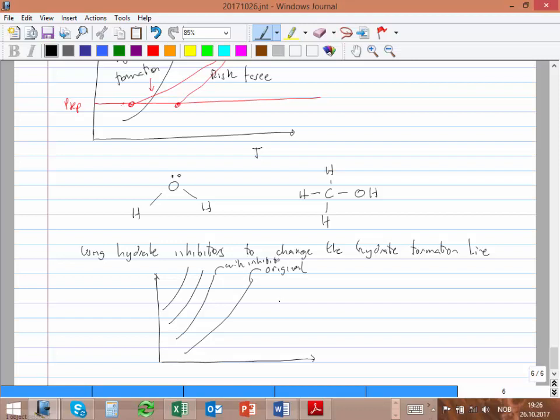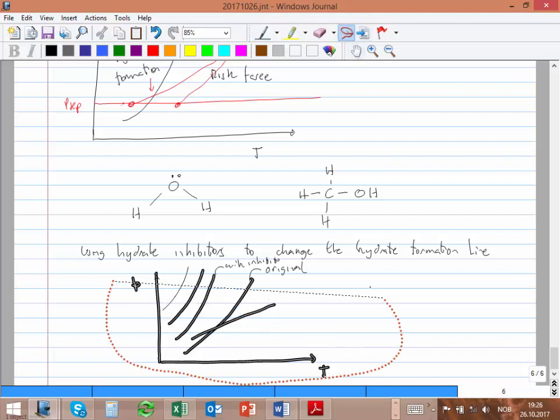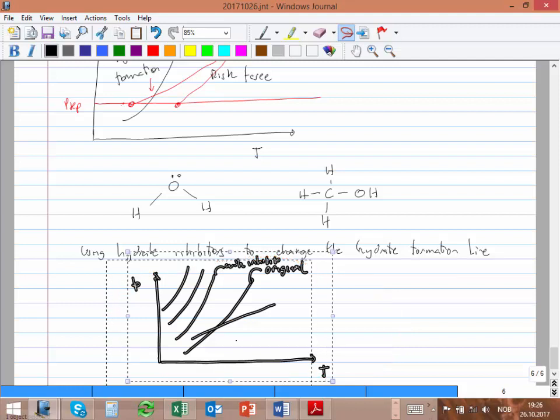Then it doesn't matter if it's well insulated or not, I'm safe. So that's the effect of the inhibitor in a PT diagram. Is that clear?